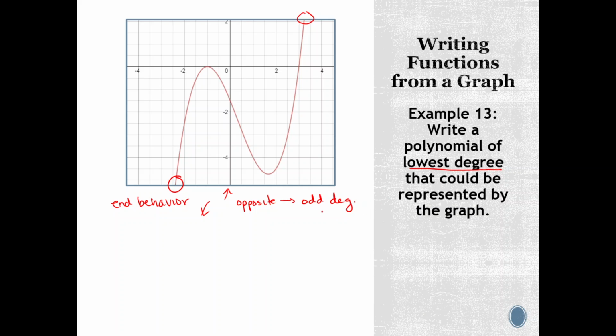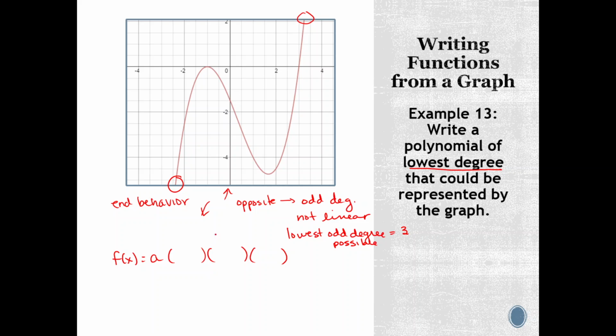Well, the lowest odd degree, I know this is not linear. Okay, it doesn't look like a line. So the lowest odd degree it could be would then be 3. Okay, so that means I'm going to have f of x equals some leading coefficient times 3 factors.